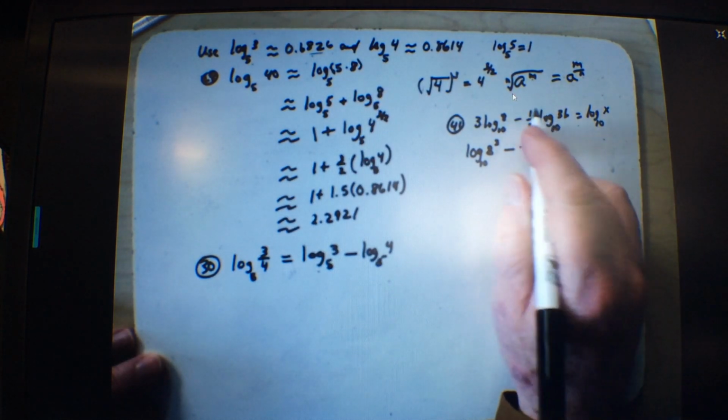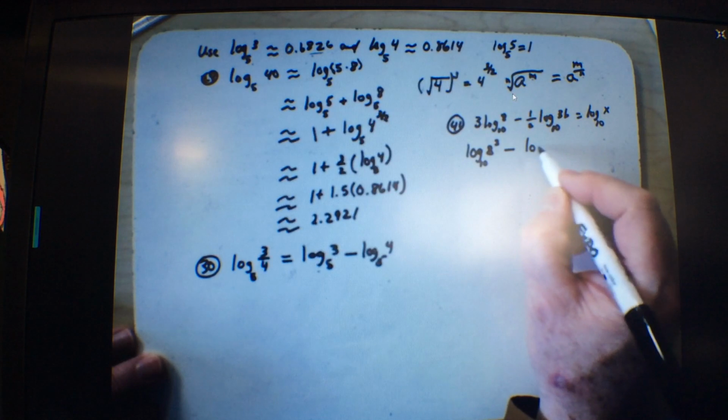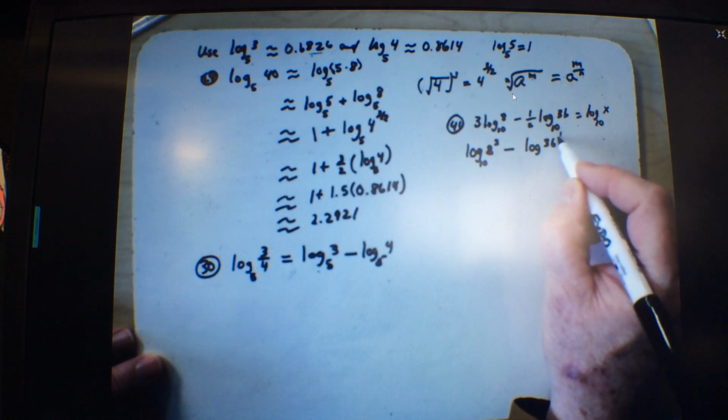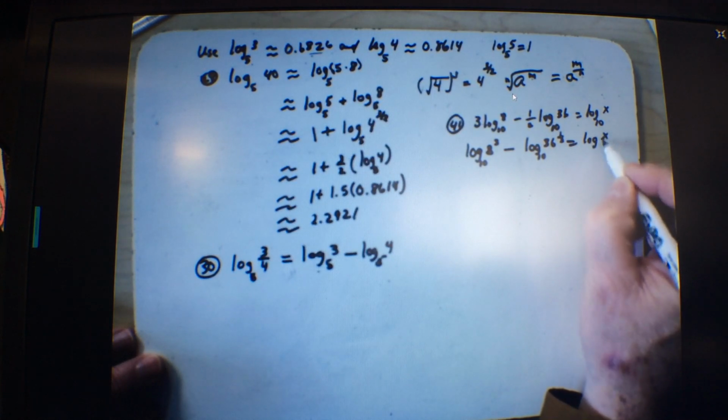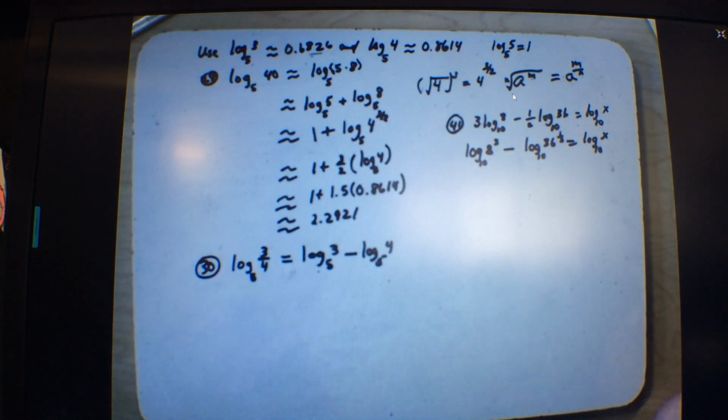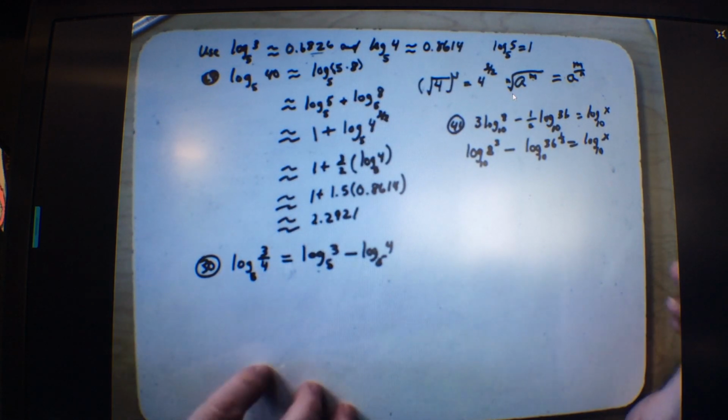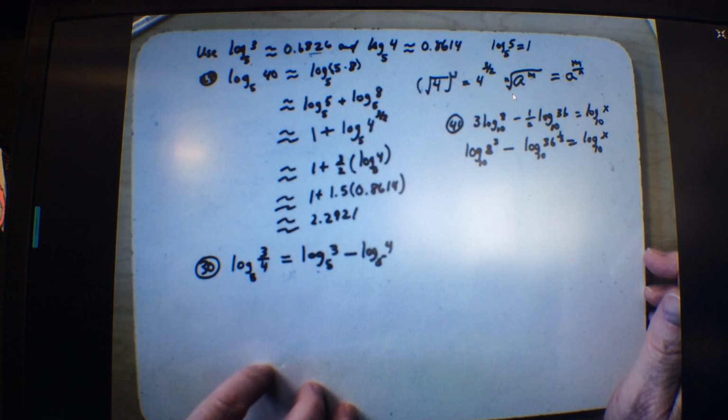Minus the log of 36 to the 1/2 power base 10 equals the log of x base 10. Is that correct? Is that log 8 to the 3rd? Yes. Does that make sense? I took the 3 from out the front and I put it up top, right? I reversed the power rule is what I'm saying, correct?